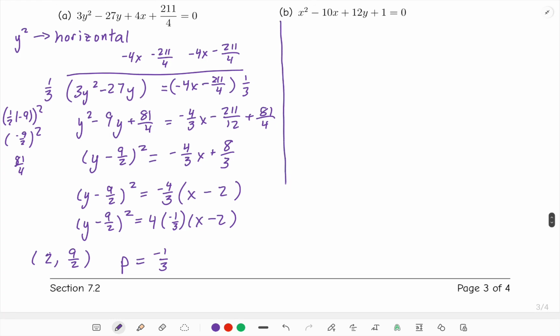Now for part B, we're going to do something very similar. Because it's x squared this time, that means it's vertical. So I'm going to subtract the 12y and subtract the 1.